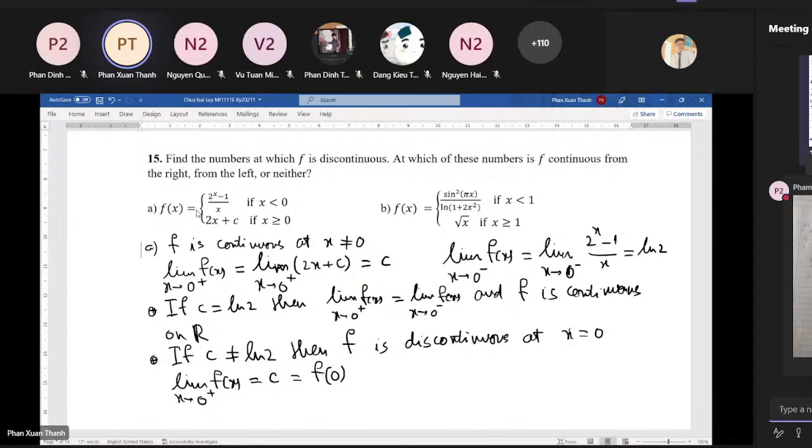So in this case, f is continuous from the right.